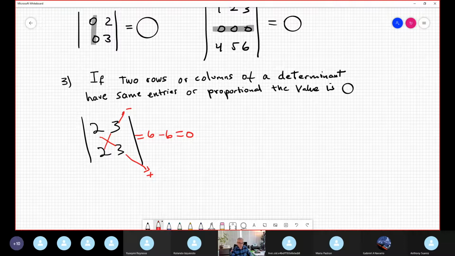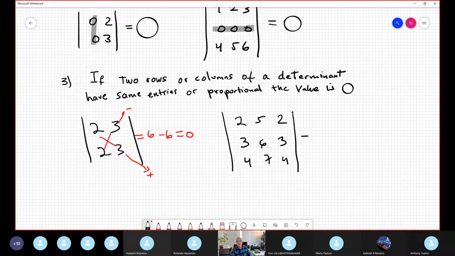Look, suppose this is an area: 2, 3, 4, 5, 6, 7, and we have 2, 3, 4. I guarantee you that the answer is 0 because this column is equal to this column.